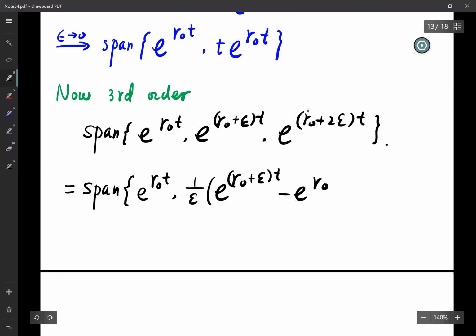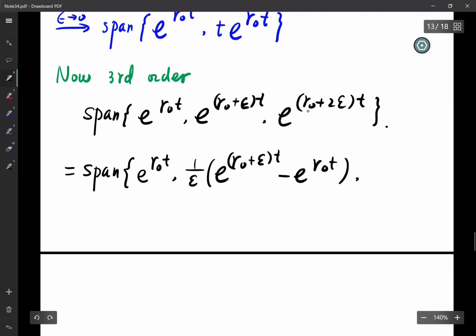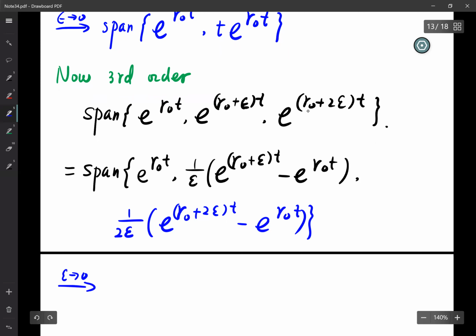The first one we play this game, as you have seen before, t minus rt. Note that the second one we cannot play the same game, because let's see, if we play 2 epsilon, so this is 2 epsilon t minus r0 t. If I take the limit epsilon going to 0, this is chain rule, r0 t.